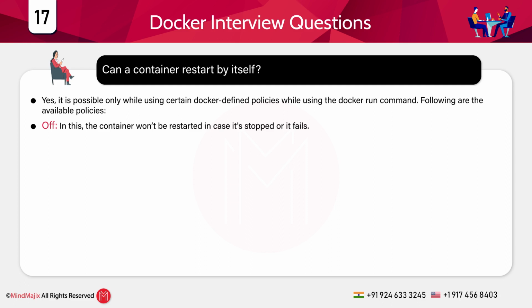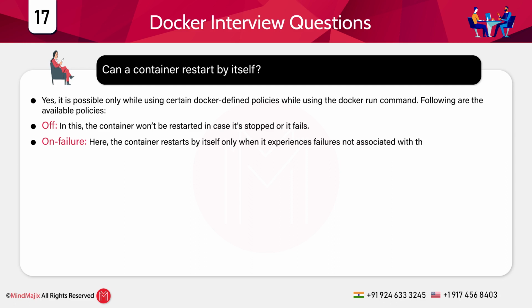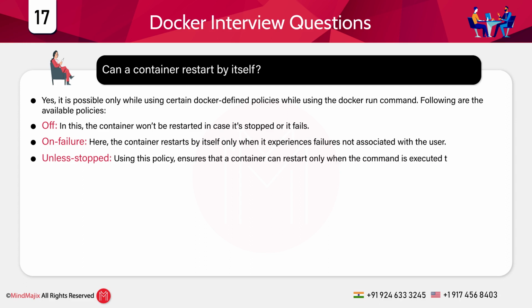Now the second policy is on-failure. Here the container restarts by itself only when it experiences failures not associated with the user. The third policy is unless-stopped. Using this policy ensures that a container restarts unless the command is executed by the user to stop it.